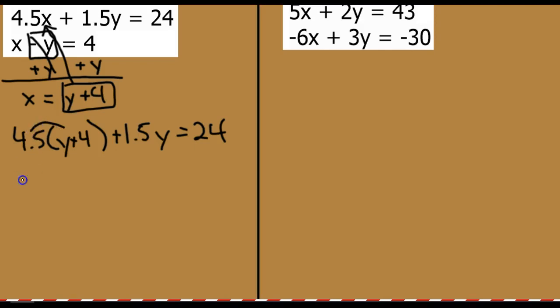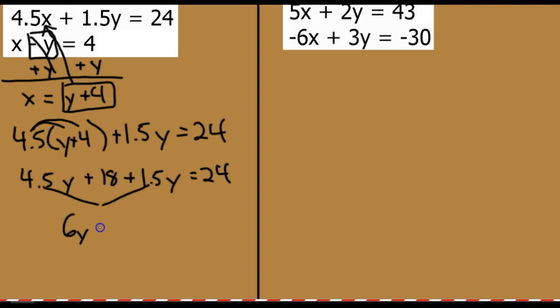Now 4.5 times y gives us 4.5y. 4.5 times 4 is going to give us 18 plus 1.5y. 4.5 plus 1.5 gives us 6y plus 18 equals 24.